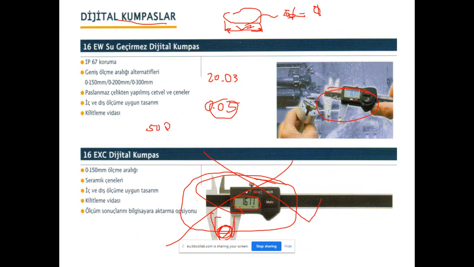The tolerance of the inspection system, tolerance sub I, the tolerance of the inspection instrument, should be maximum A divided by 10. In other words, the manufacturing tolerance of inspection instruments should be 10 times smaller than the tolerance of the feature whose size is to be measured.